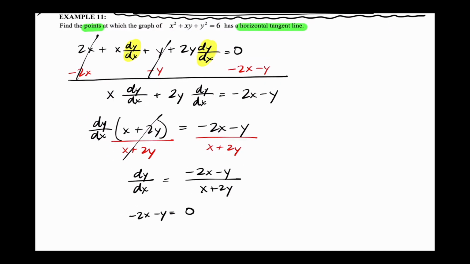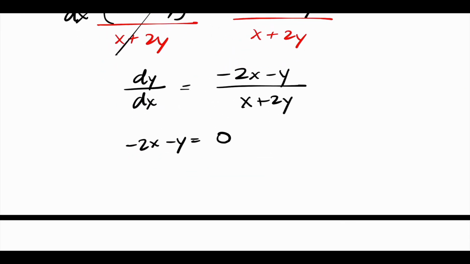Here's my question. What do we do? How do we solve this? Add y to both sides. Okay, so we can add y to both sides. Divide by negative 2.